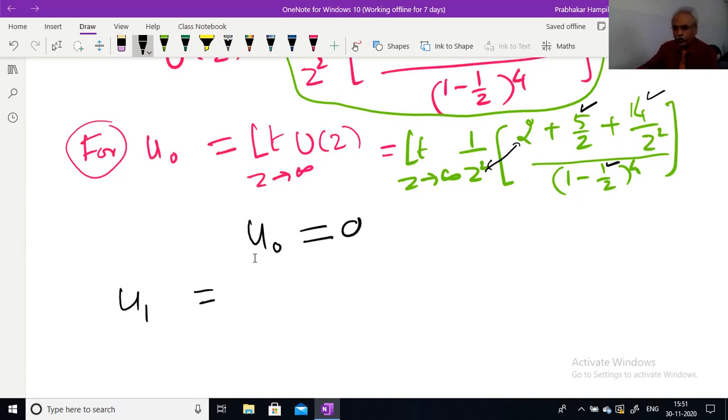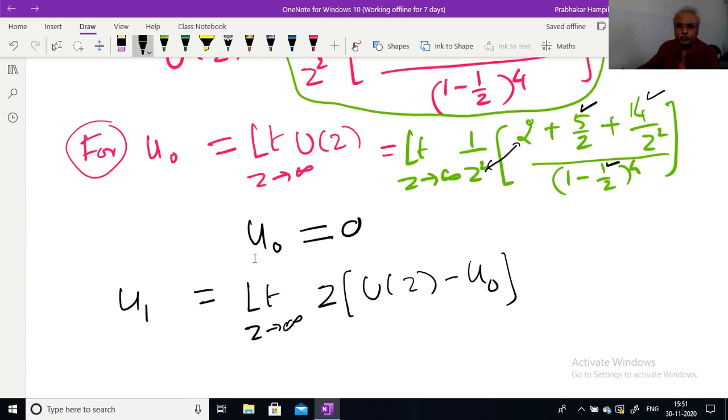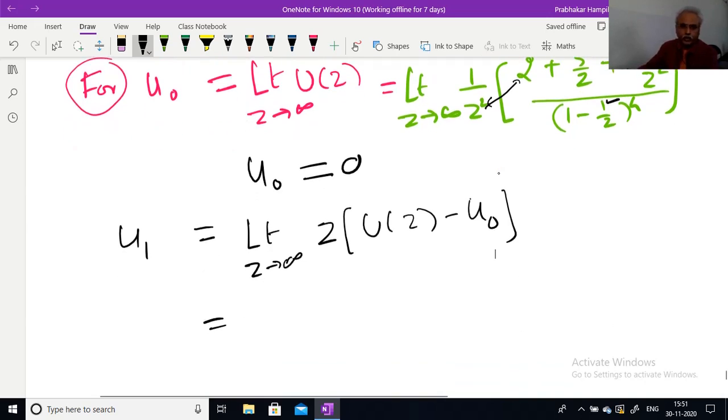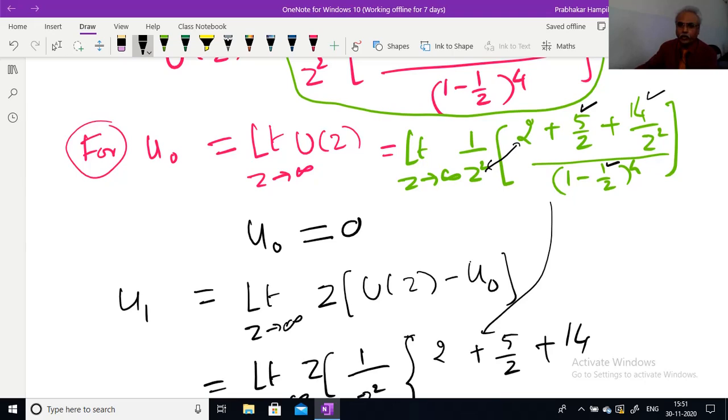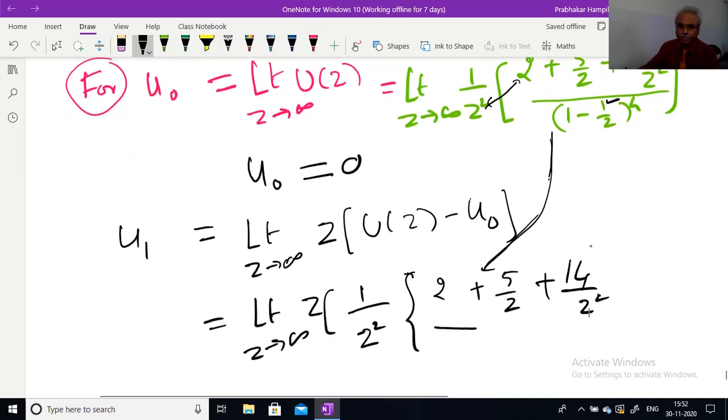Now u1, there is a formula for u1. u1 is the limit as z tending to infinity, by the shifting theorem, of z into u of z minus u0. Now already u0 is 0. So what you have to write is the limit as z tending to infinity of z into u of z. This u of z I am writing as 1 by z square, 2 plus 5 by z plus 14 by z square, whole divided by 1 minus 1 by z raised to 4.